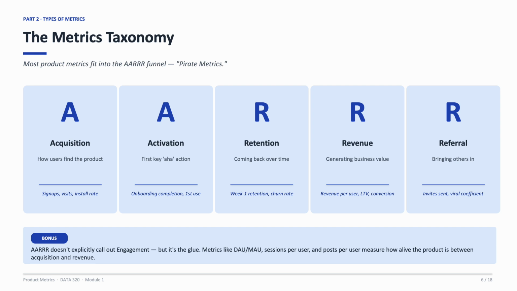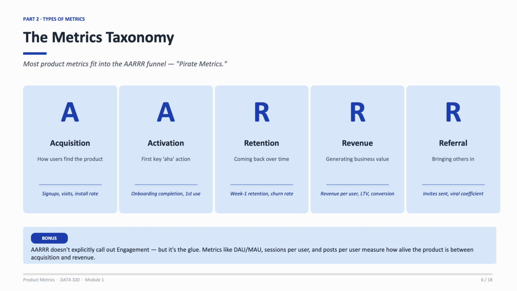For example, DAU, daily active users, or MAU, monthly active users, sessions per user, actions per user. Those are engagement metrics that sit between activation and retention. When you join any team, one of the first questions to ask is, what are our key metrics at each stage of this funnel?